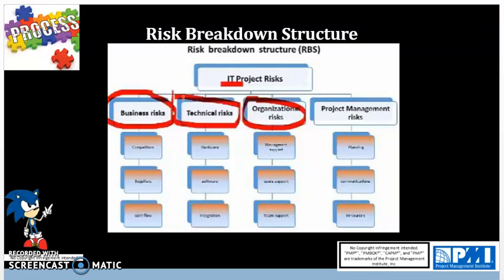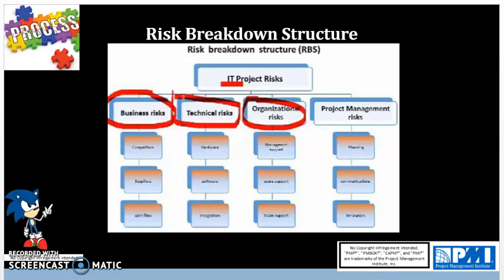So you can see here that we have project risks in the form of business risks, and technical risks, organizational risks, project management risks. So in an IT project, these are the major buckets. So under business risks, we have competitors, suppliers, cash flow risks. So these are all part of business. Then you have technical risks.